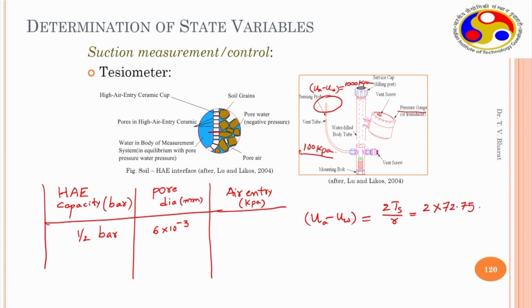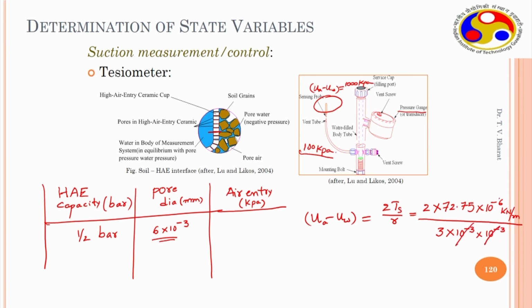millinewton per meter. If I represent it in kilonewton, then it is 72.75 into 10 power minus 6 kilonewton per meter, divided by the radius, which is 6 by 2, so 3 times 10 power minus 3 mm. If it is represented in meters, then this is 10 power minus 6.